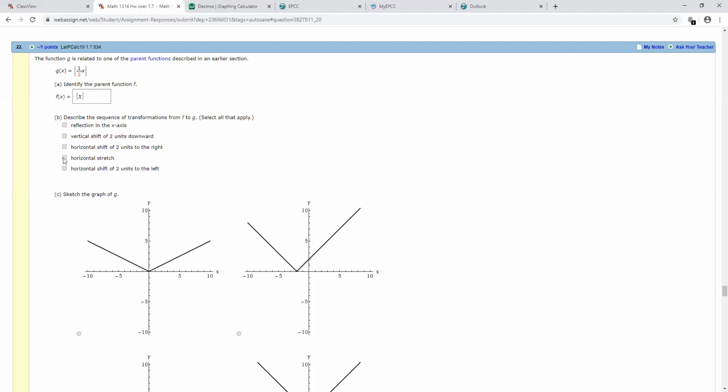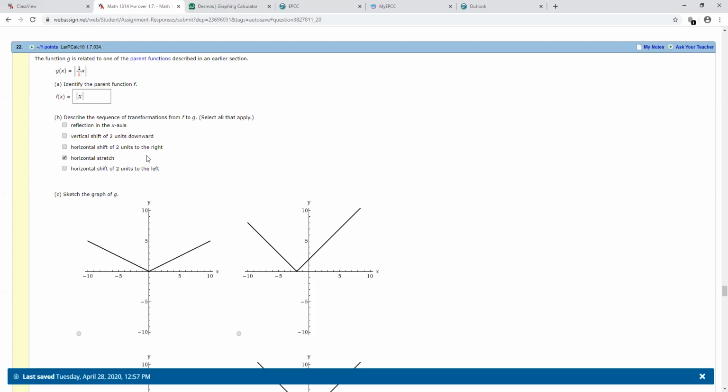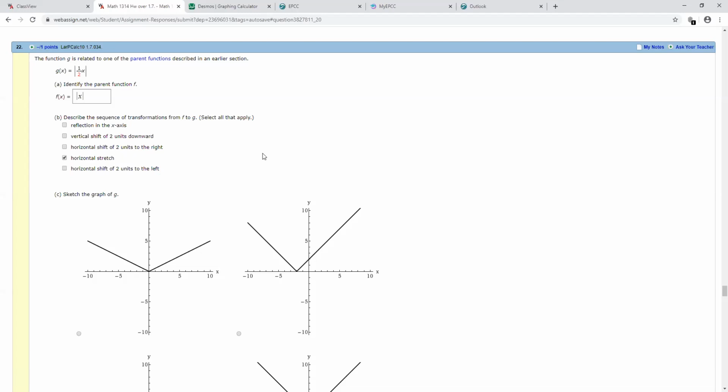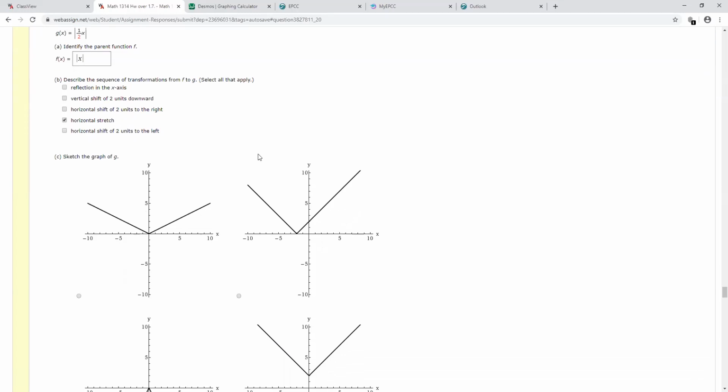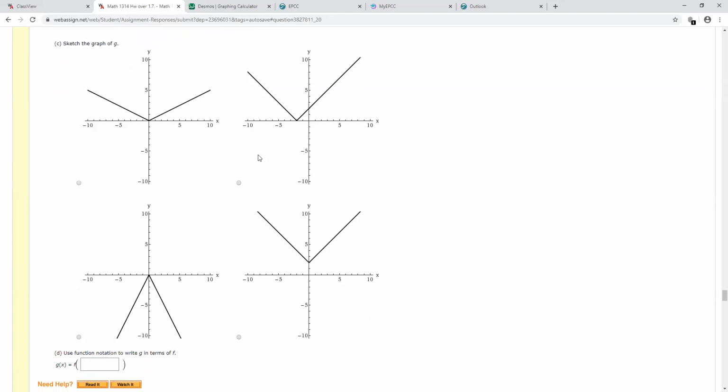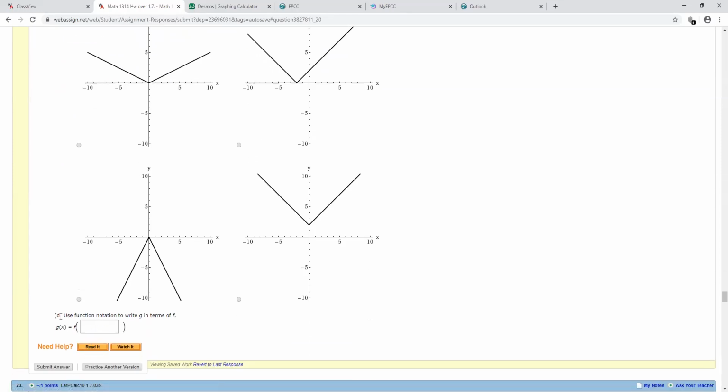And some authors would write by a scale factor of 2, but they don't make us write that, okay? And now, which graph is it? So what are we gonna put down here first? What's the change? Instead of f of x equaling the absolute value of x, that's the parent.